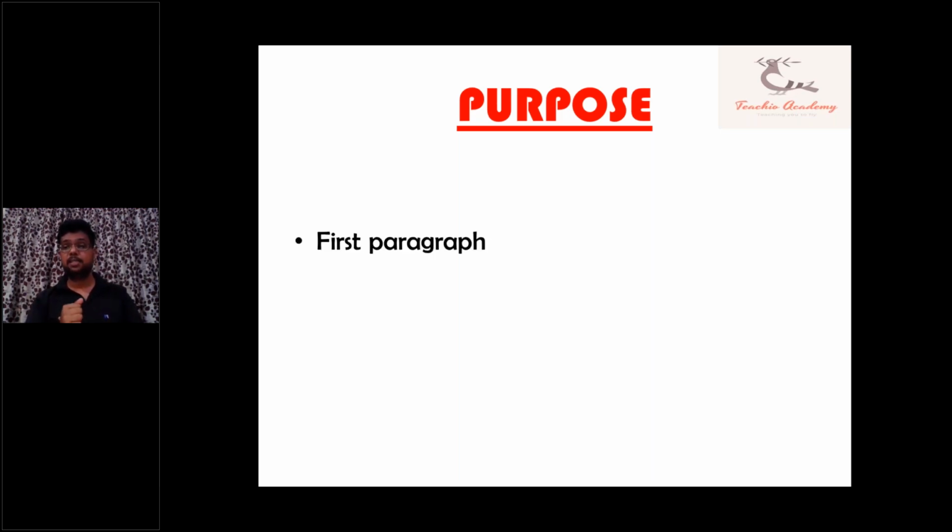Now, this purpose has certain intricacies. Your purpose must be there in the first paragraph. In the first paragraph, you should be very brief and straightforward as to why you are writing. The second thing, your purpose should be immediately identifiable.